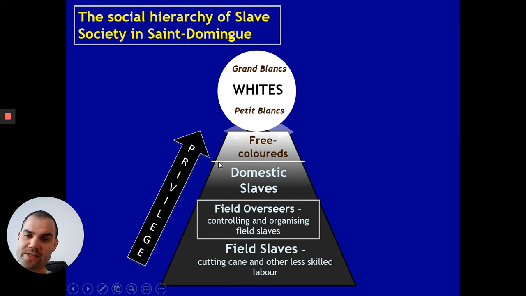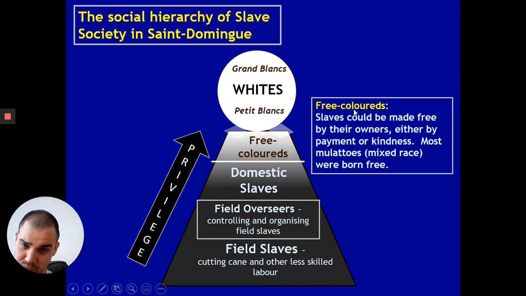Now, above this line here, these people are no longer slaves. Okay, now the group above the slaves in the hierarchy were the free coloreds. Okay, now free coloreds could be made free by their owners, either by paying for themselves. They'd save up money to then free themselves, or sometimes they'd be released. So not all of them were mixed race.